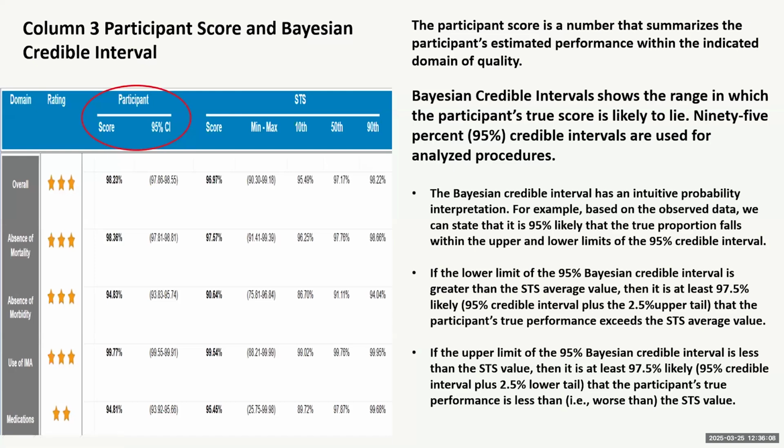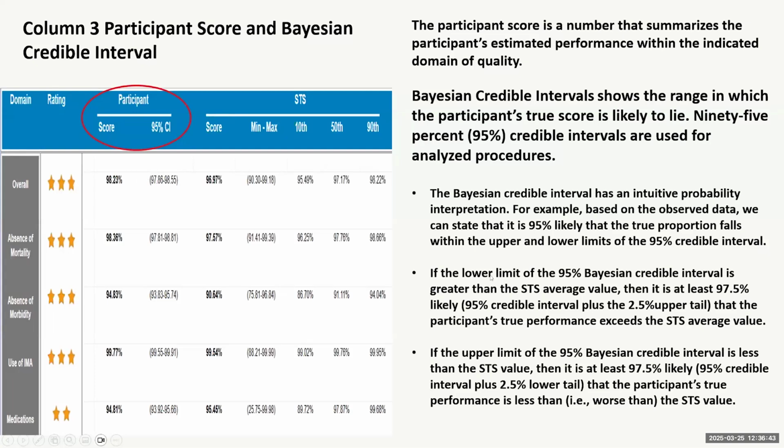Now, this is a statistical thing, and I'm not a statistician, but I'm going to tell you what I know about it. The Bayesian credible interval has an intuitive probability interpretation. For example, based on the observed data, we can state that it is 95% likely that the true proportion falls within the upper and lower limits of the 95% credible interval. So here's your score, 98, and here's your credible interval. These are where most of your scores are likely to fall.